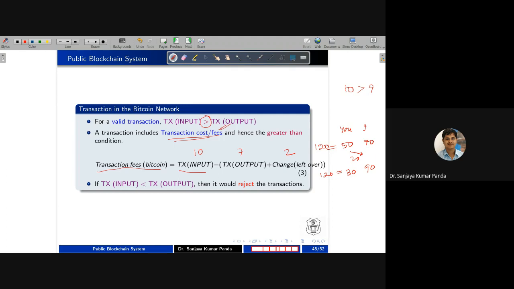So 7 plus 2 is 9, 10 minus 9 is 1, so the transaction fee is equal to 1, right? But in a case where transaction input is less than transaction output, that means you have 10 rupees but you want to spend 20 rupees. Is it possible? No. That's why you have to reject such a transaction.